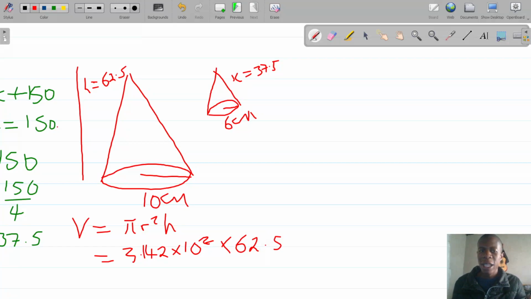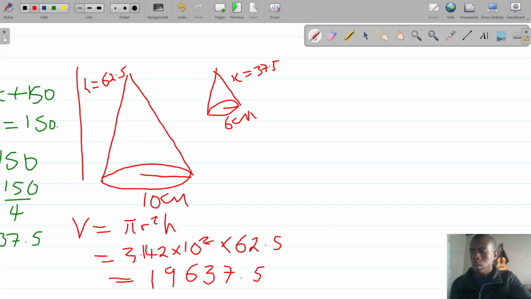So now punching that in your calculator gives you 1963.5. So pi, remember we used 3.142, radius, which is from the center to that point, which is 10, and the height of the original shape, which is 62.5. We punch that, we get that volume. So that is our volume of the shape.